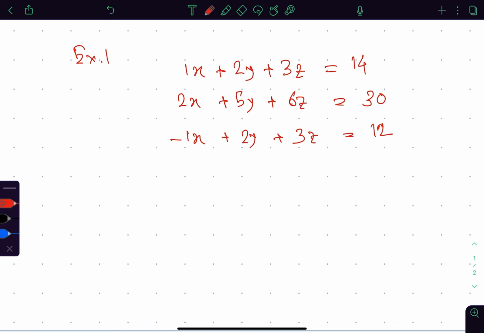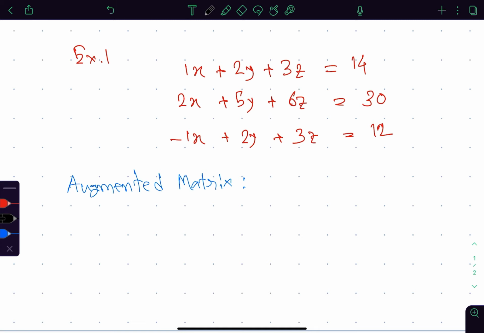So now we need to solve them, right? First, we'll make what is known as an augmented matrix form. We'll write these equations in augmented matrix form, so it will be like this. We need to write all the coefficients of x, y, z, and also the answer, the RHS part, separated by a line.